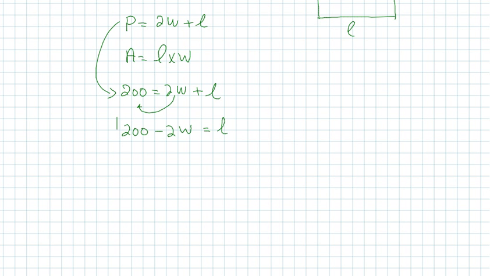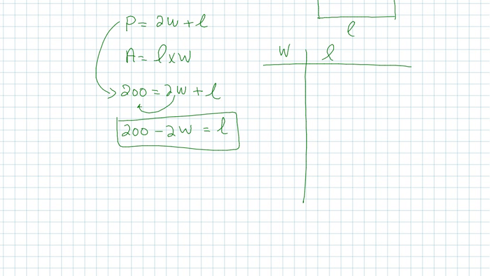I'm gonna plug in values for W and solve for L. So you're gonna have to make a table of values, and the table should have W to start with because these are the ones I'm plugging in. I'm solving for L, and then I'm gonna have to solve for the area.